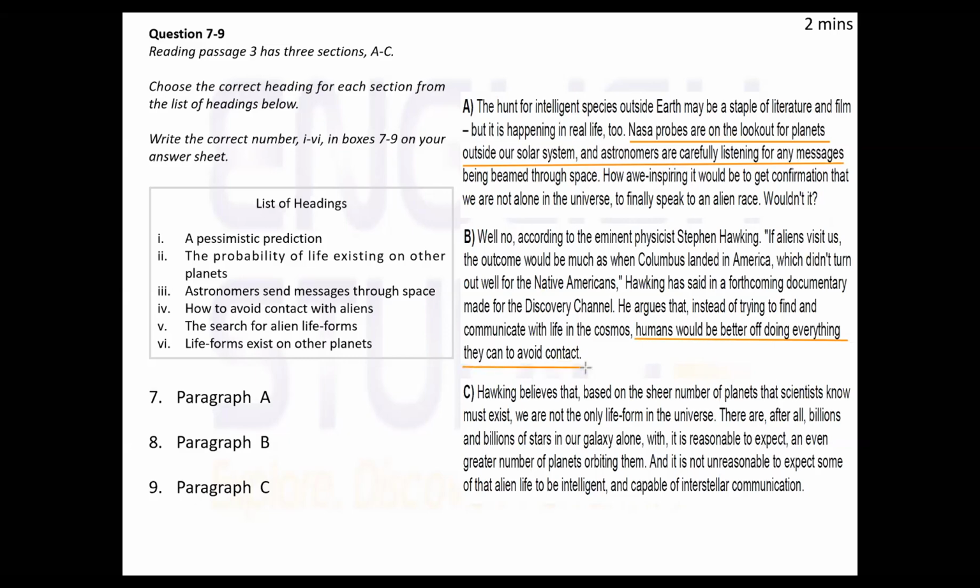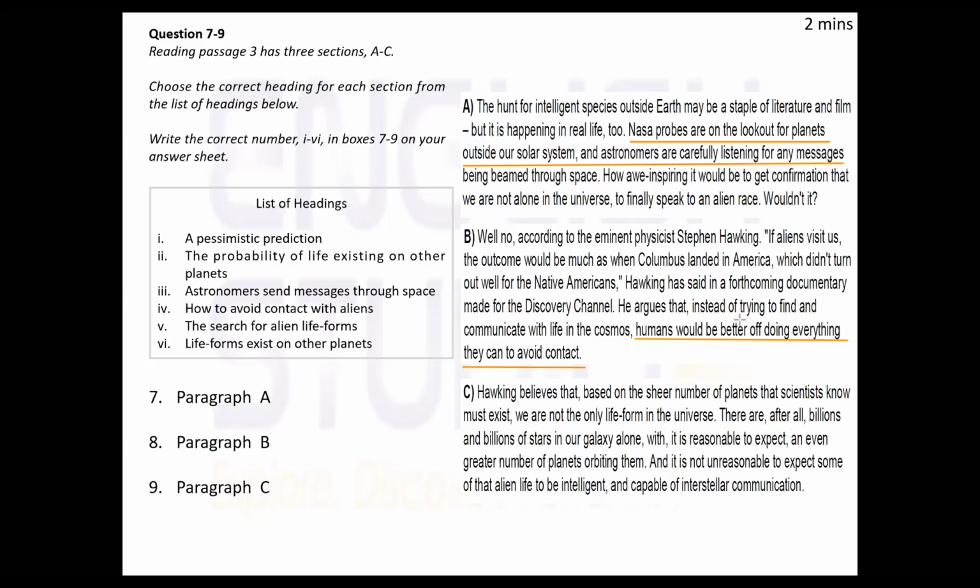Okay, let's see the whole paragraph. What does it mean and what is the context? According to the eminent physicist Stephen Hawking, if aliens visit us, the outcome would be much as when Columbus landed in America, which didn't turn out well for the Native Americans. Hawking has said in a forthcoming documentary made for the Discovery Channel.